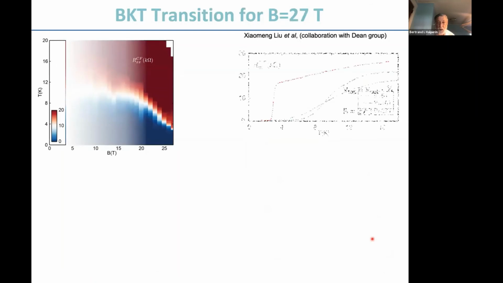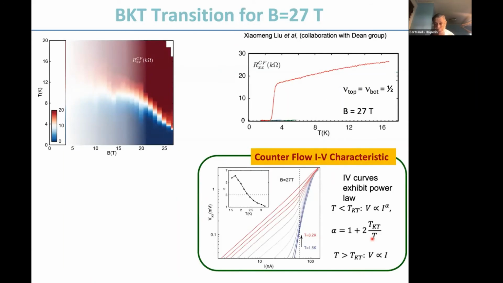And what we know, theoretically at least, is that if you have a Kosterlitz-Thouless type transition, if you go below the transition at zero current, you should have zero resistance.